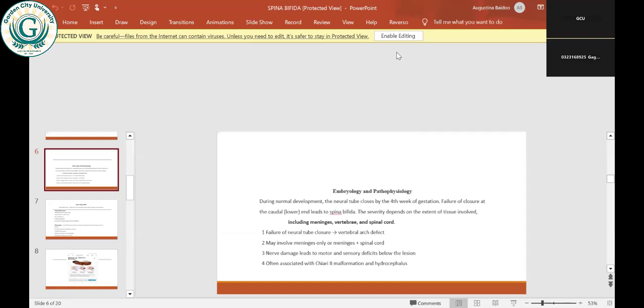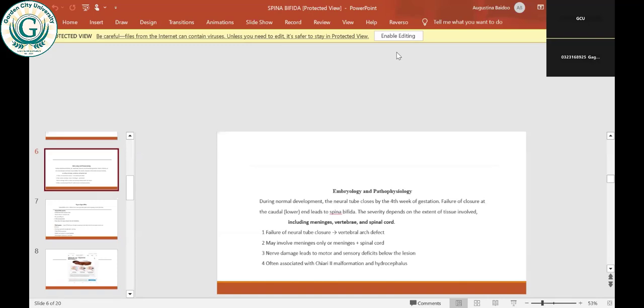So a quick recap. The meninges are 3 protective membranes. They surround the brain and the spinal cord. Their function is to provide structural support, cushion the brain and the cerebrospinal fluid, and also form a barrier against pathogens.